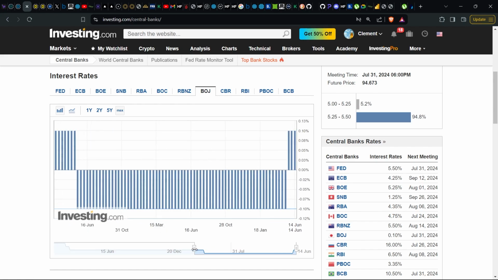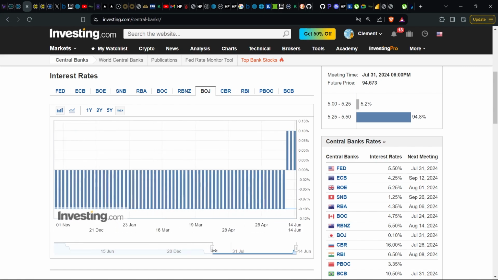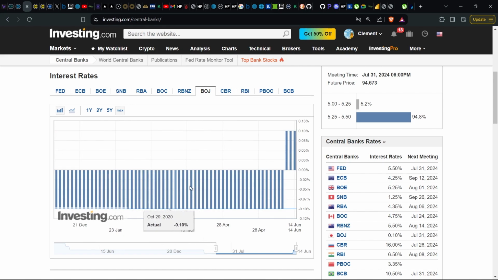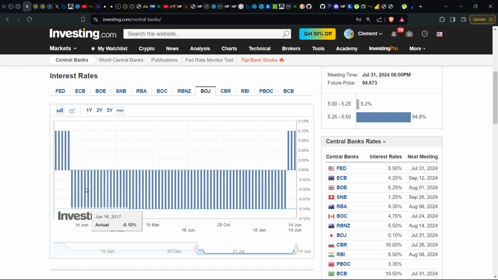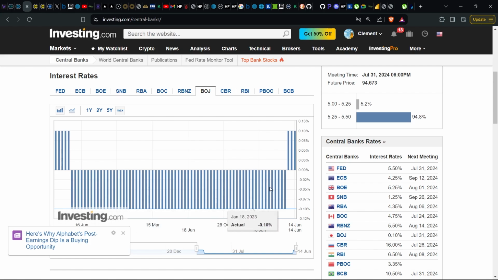This is Bank of Japan, sorry, not Bank of England. You can see they've had negative rates since 2016, all the way until January 2024. So you can see this is an outlier.